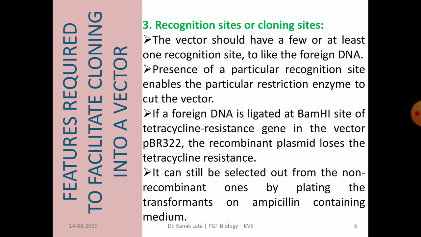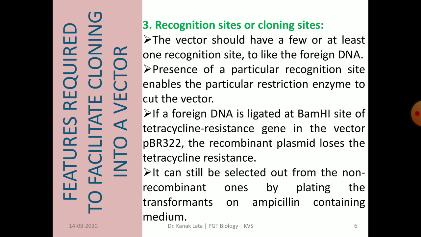In common practice, the joining of alien DNA takes place at a restriction site present in one of the two antibiotic resistance genes. For example, an alien DNA can be joined at the BamHI site in the tetracycline resistance gene in the E. coli cloning vector.